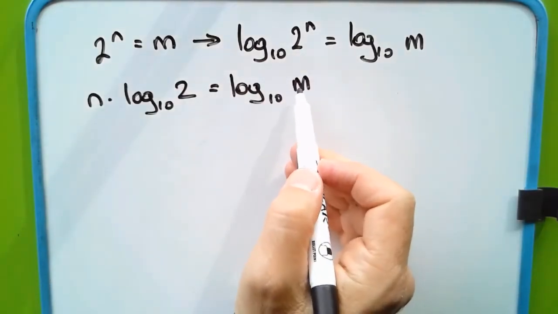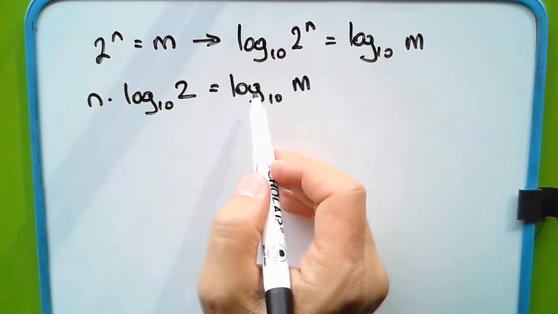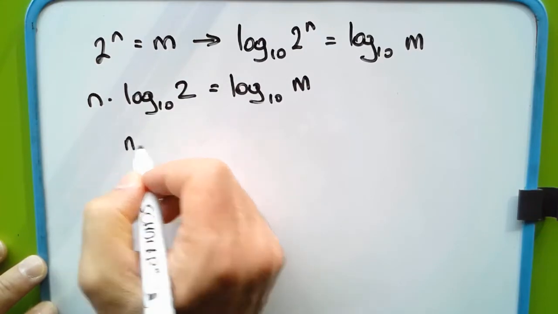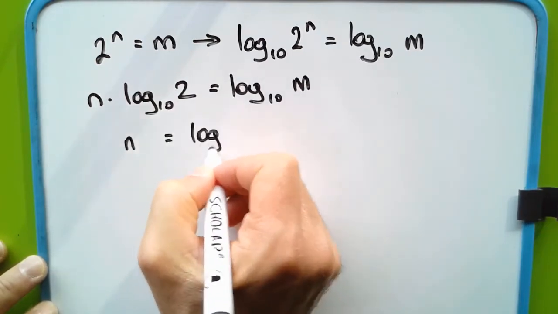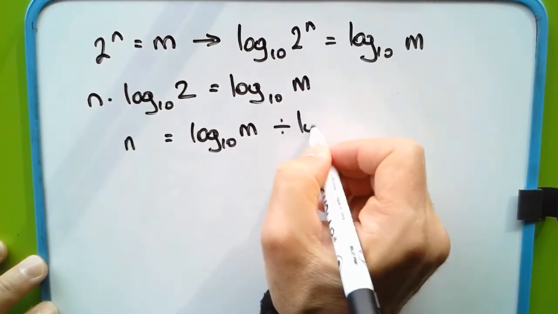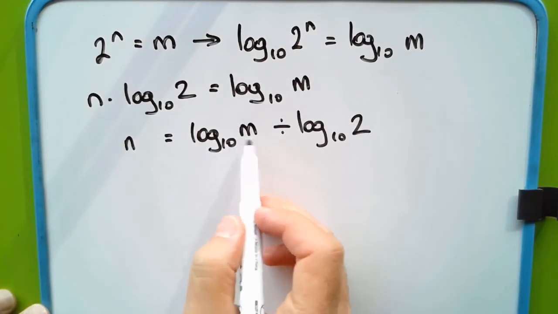Now, remember that m, we already found a value for that, so that's known now. N is unknown, so let's make n the subject. So n is equal to log base 10 of m divided by log base 10 of 2. Now I can substitute in the value for m.